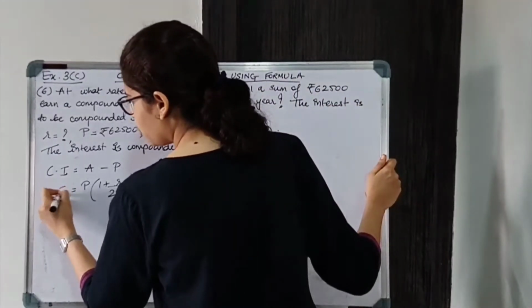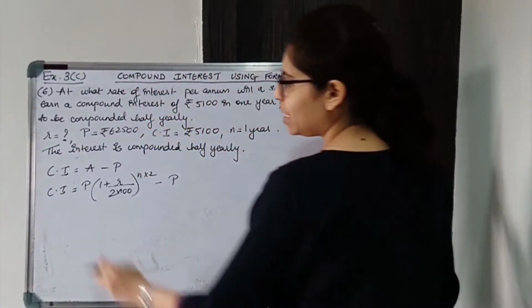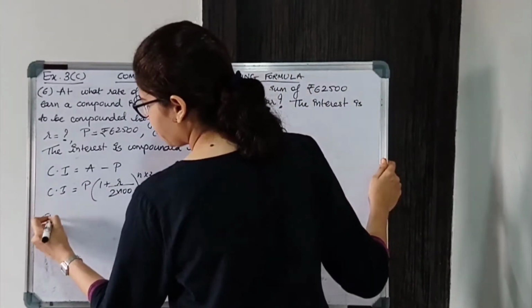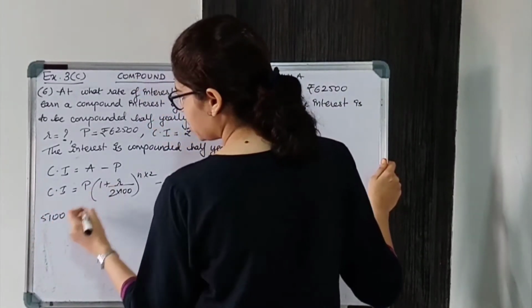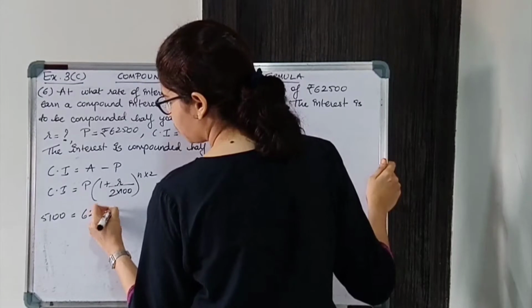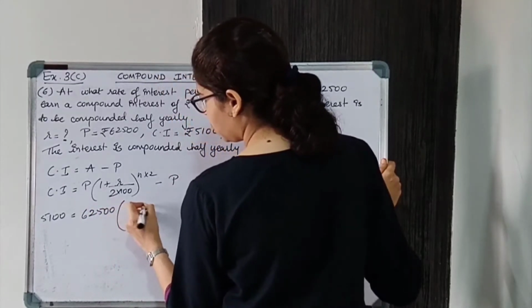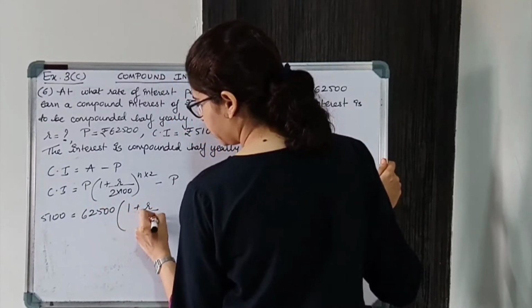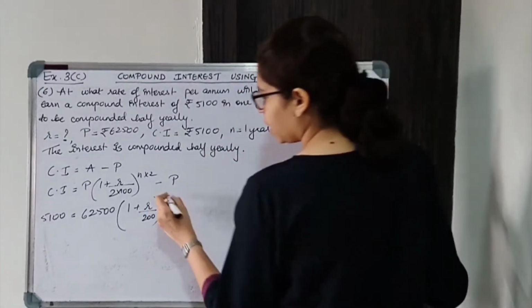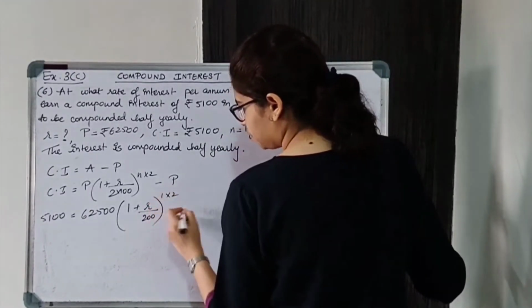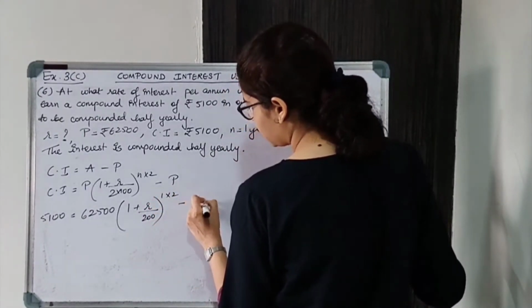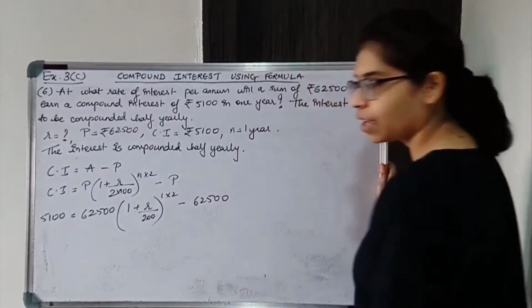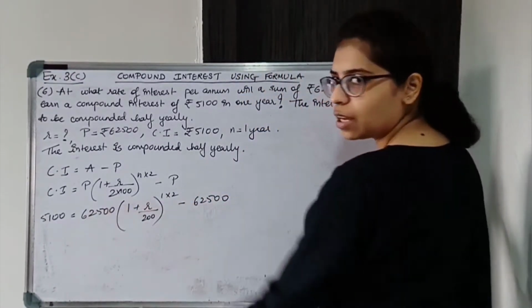Now we'll substitute the values. So CI is 5100 is equal to principal is 62,500 into 1 plus R we have to find, so keep it as it is. Over here N is 1 minus principal is 62500. Now let us shift this on the other side.